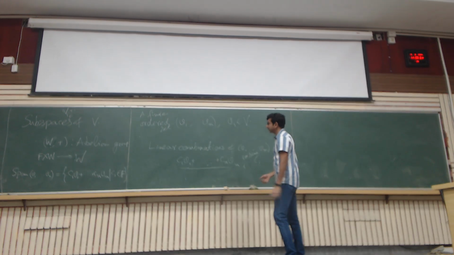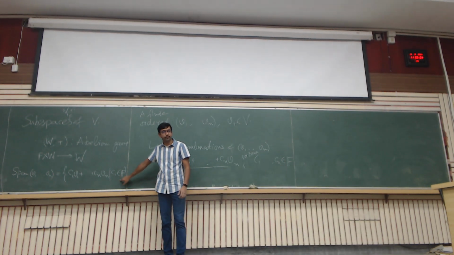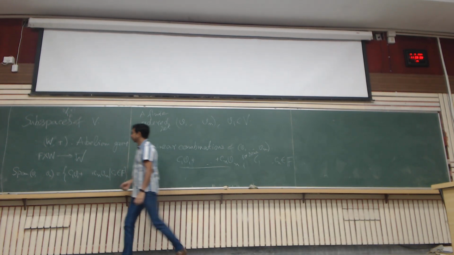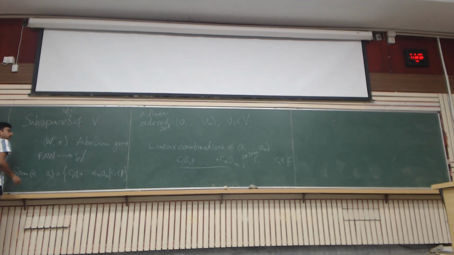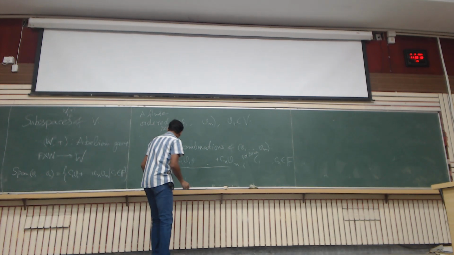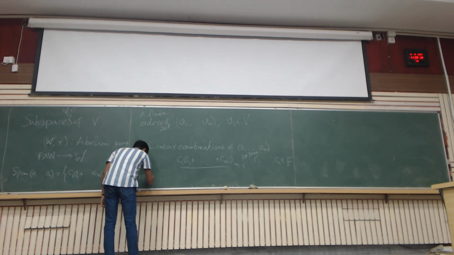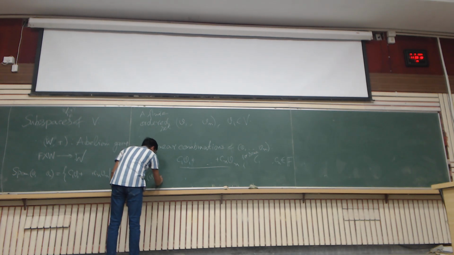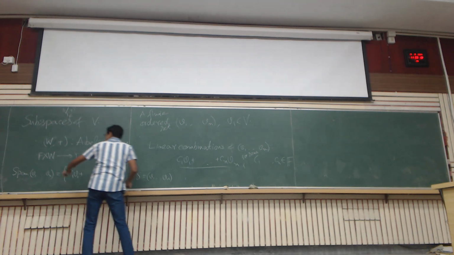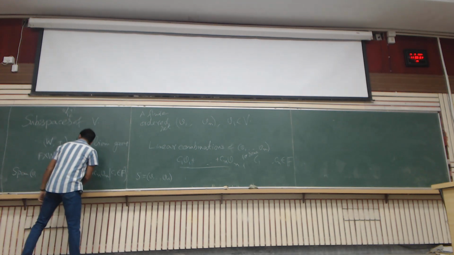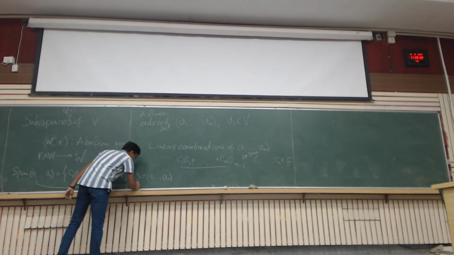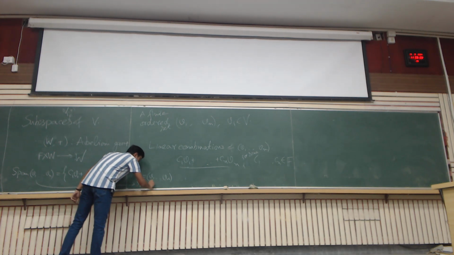All we care is that these ci's are in F. So if we take S to be this ordered set v1 to vn, then we denote this span by just span S.